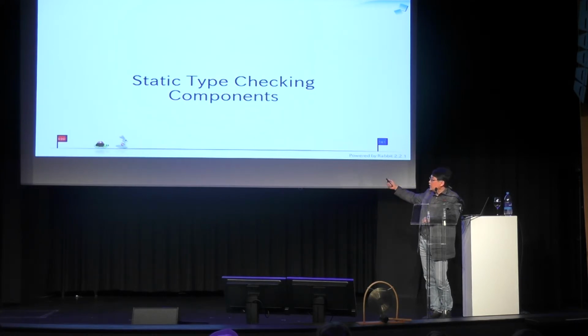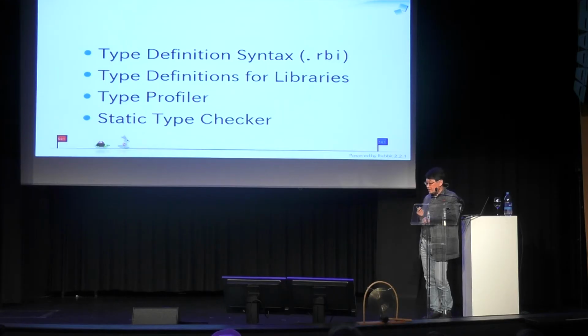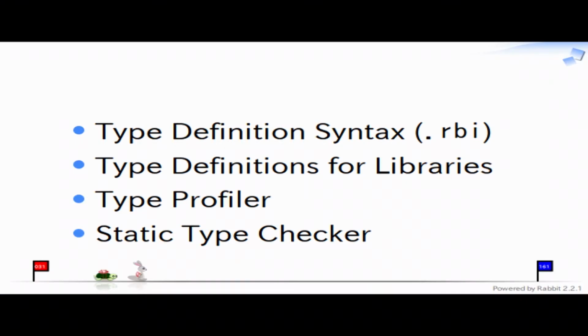Ruby 3 comes with static type checking components like these. The first one is the type definition syntax in separate files, then the type definitions for libraries, the type profiler, and then static type checkers.